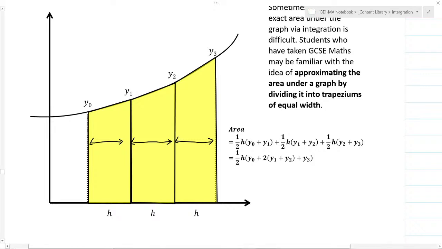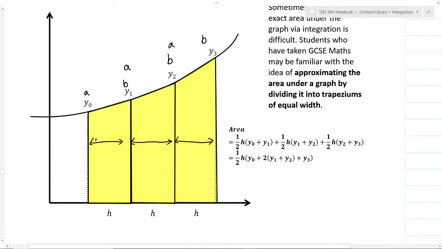So this one here would be a and b, wouldn't it? Because that's the top and bottom of the trapezium. Then it would be a and b here, and then a and b here. So you end up with this formula. You've got 1, 2, 3 trapeziums. So it's going to be a half, a plus b, times by h.